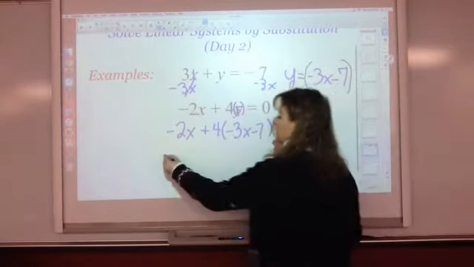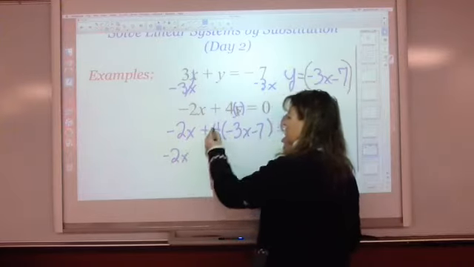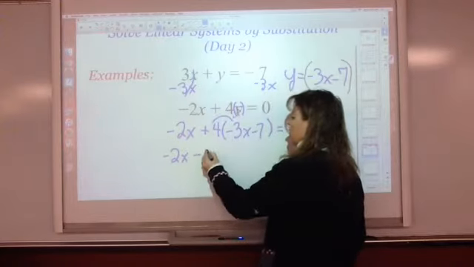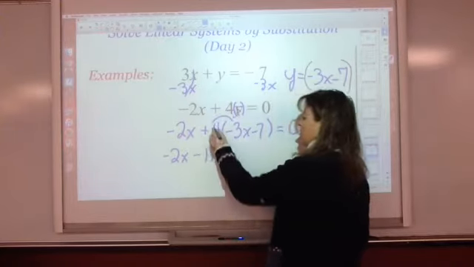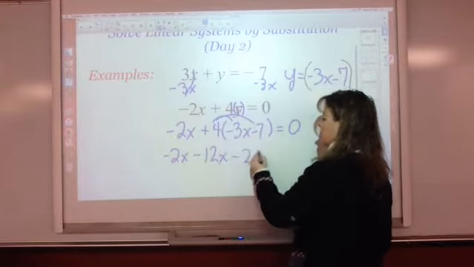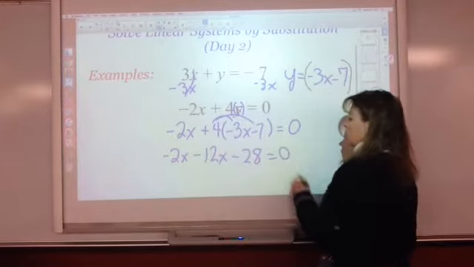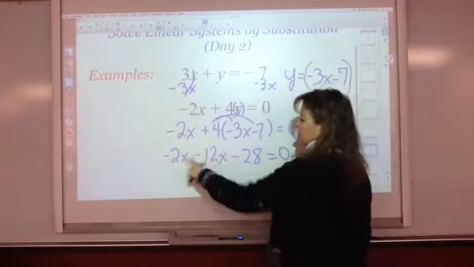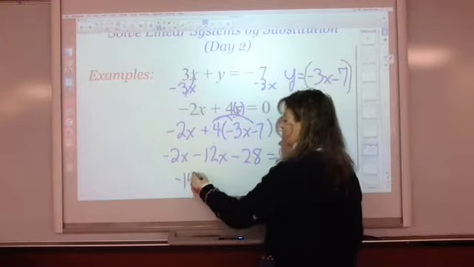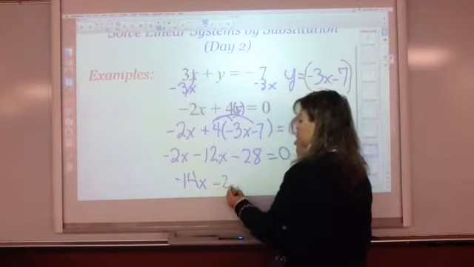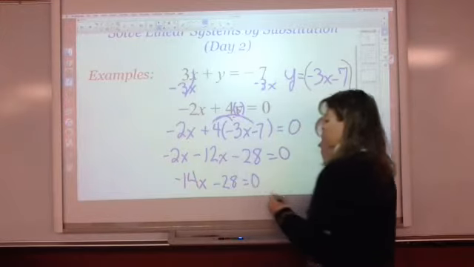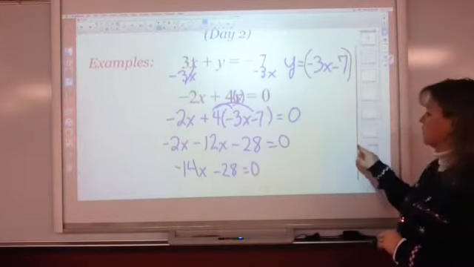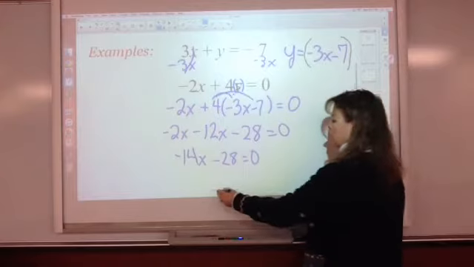Be careful, make sure you drop down the negative 2x, distribute the 4, and don't lose those negatives. You'll get negative 12x minus 28 equals 0. Add like terms, a negative 2 and a negative 12 is negative 14x. We're getting closer. We have now only a 2-step problem left.